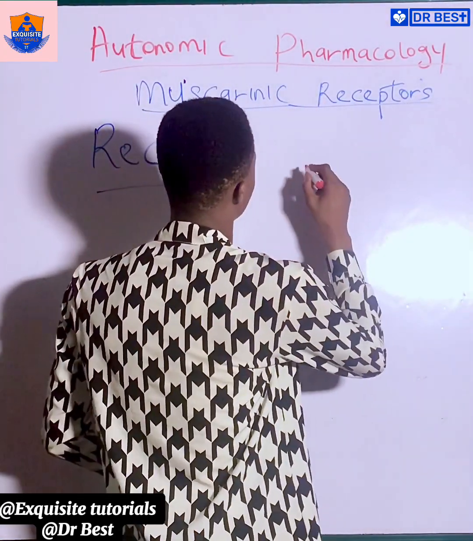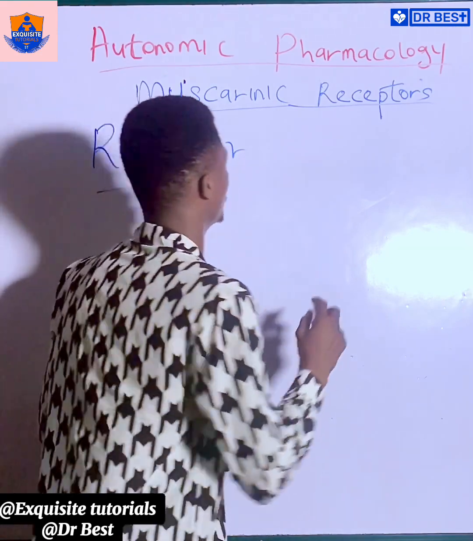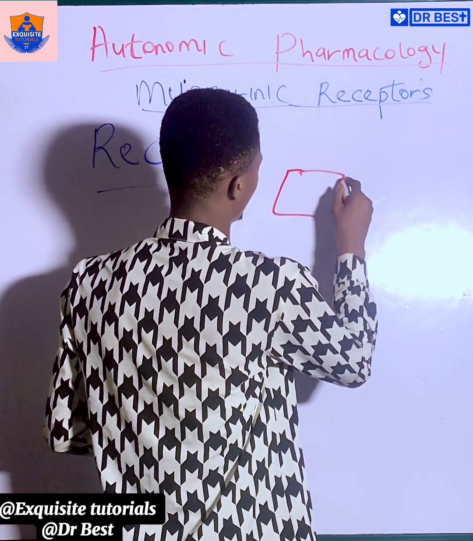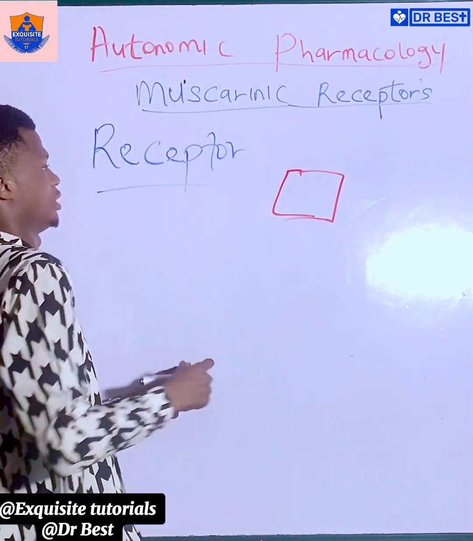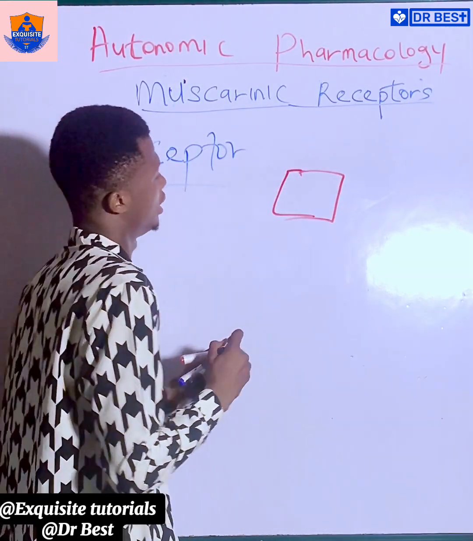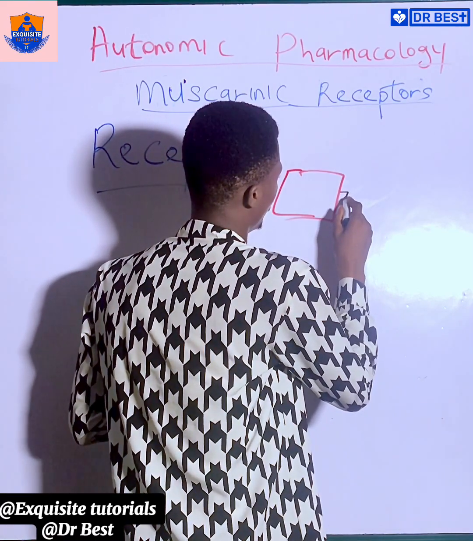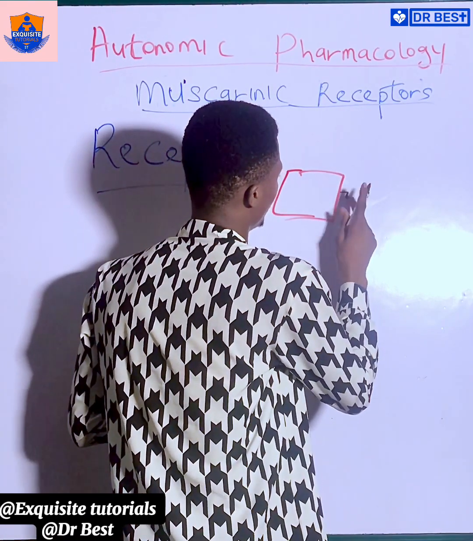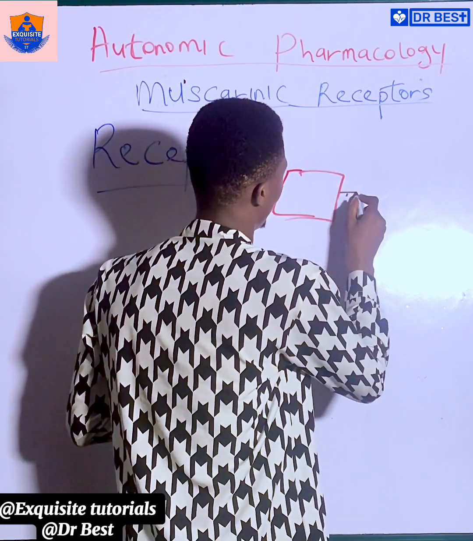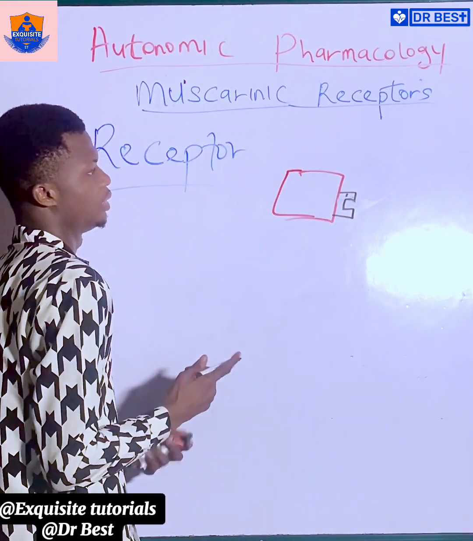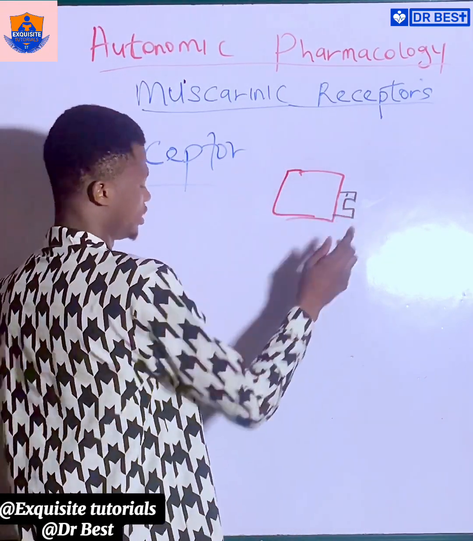Now, let me explain a receptor. Let's assume this to be our cell surface. This is a cell, right? And let's assume that we have this as a receptor. Now, this is the cell surface, this is a receptor.